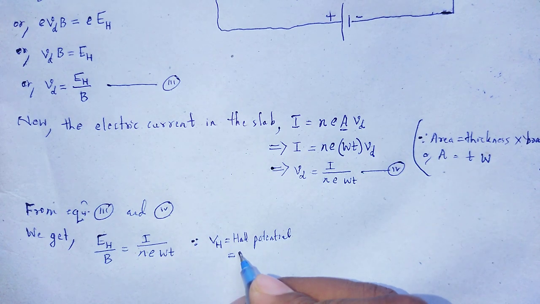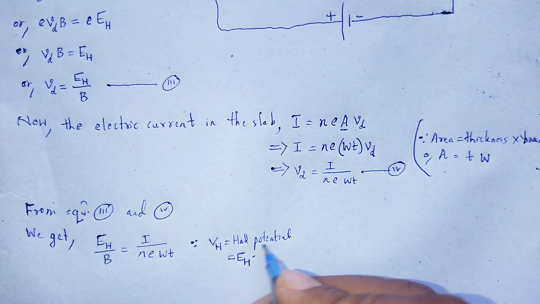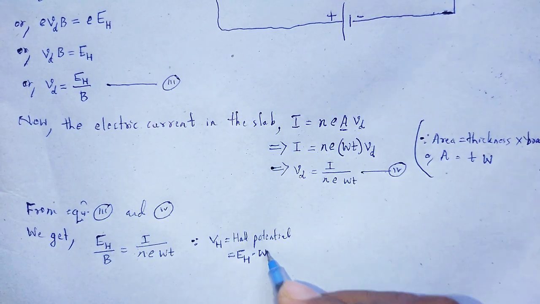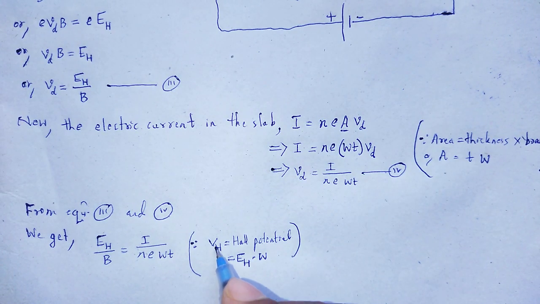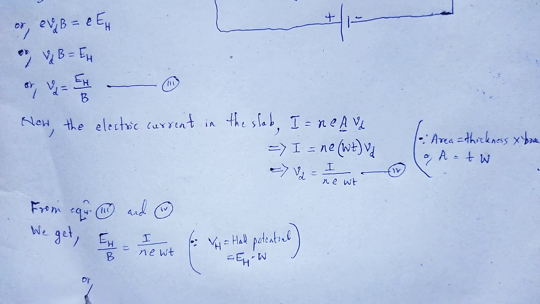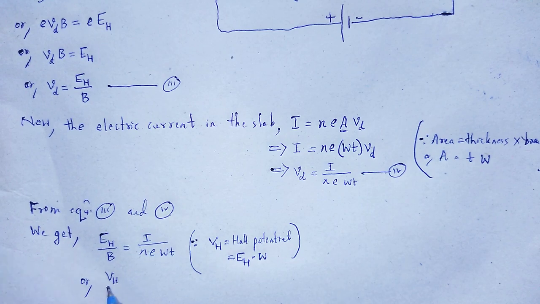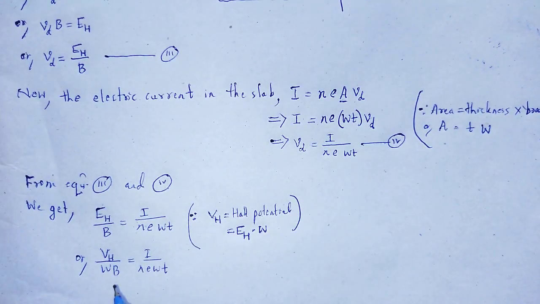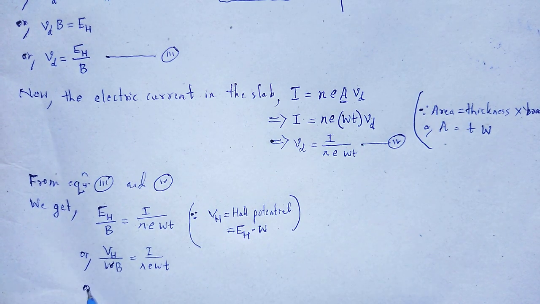So the Hall electric field E_H into the distance, and the distance is W. Therefore, in place of E_H we can substitute V_H by W. So V_H by W B is I divided by N e W into T. W cancels out on both sides.